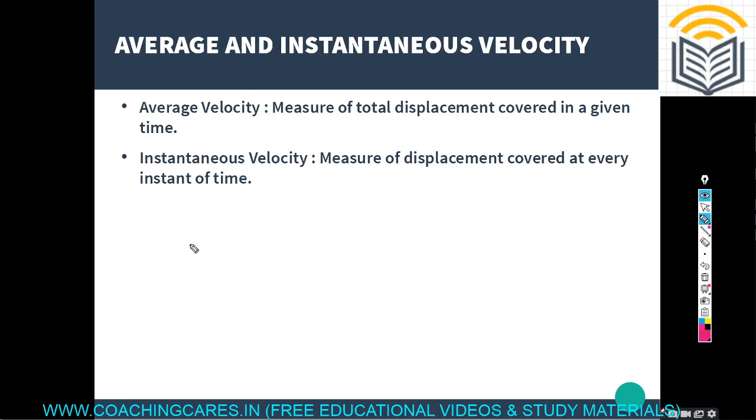Suppose an object starts to move from position A, goes straight, and finally reaches position B. Say it is moving first at point X with the velocity V1, then from X to B it is moving with the velocity V2.